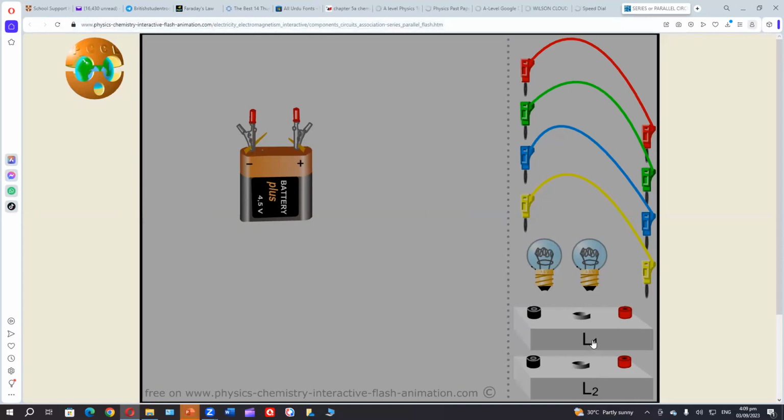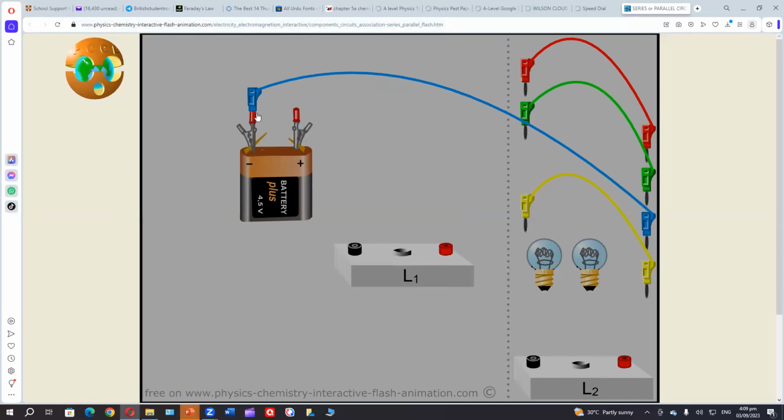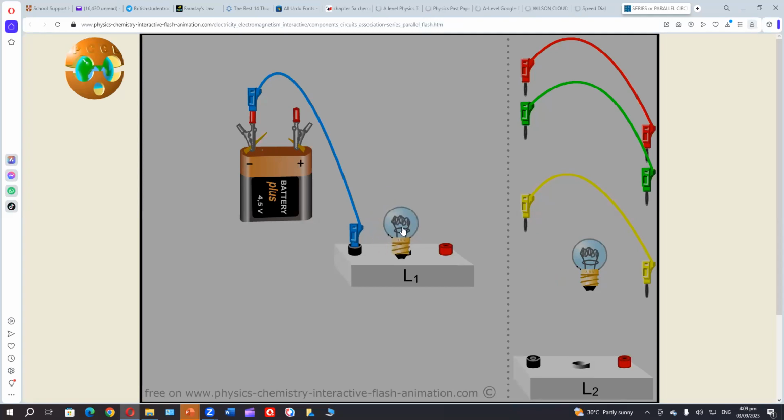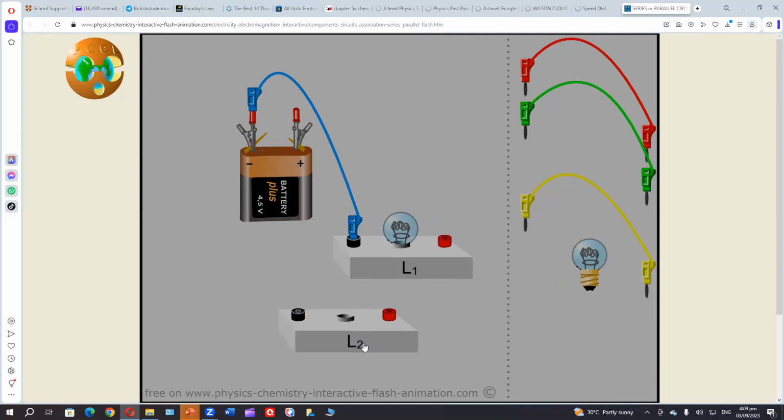I have some circuit components and I connect them in a battery circuit. Or look at here. This is a circuit and I select one bulb. I take another under it. This is my second bulb.